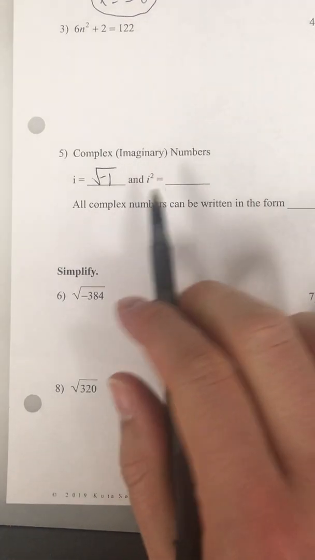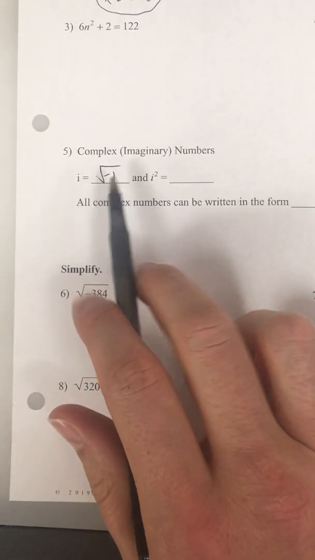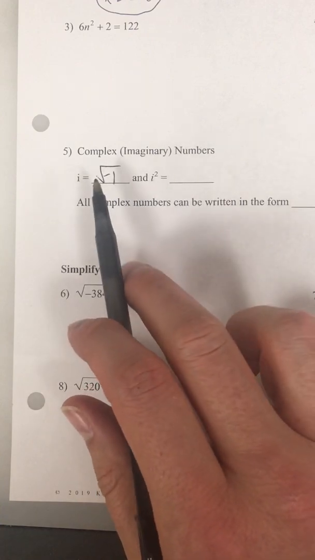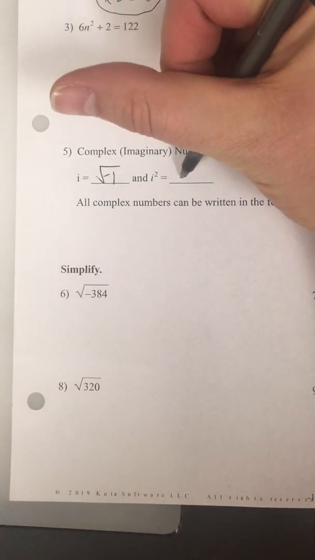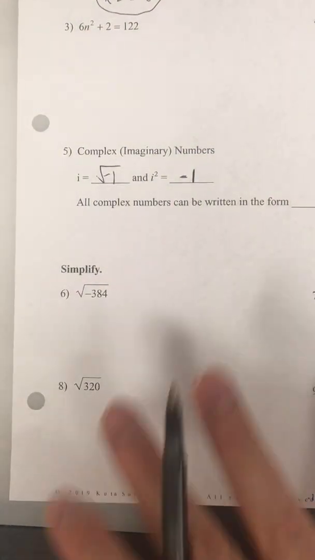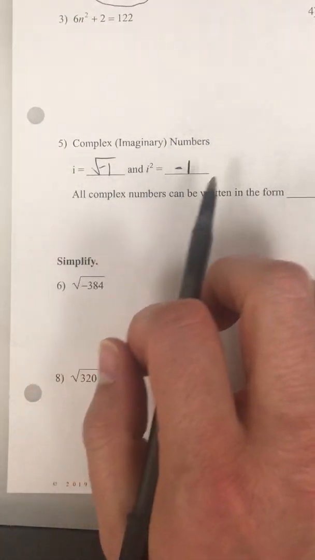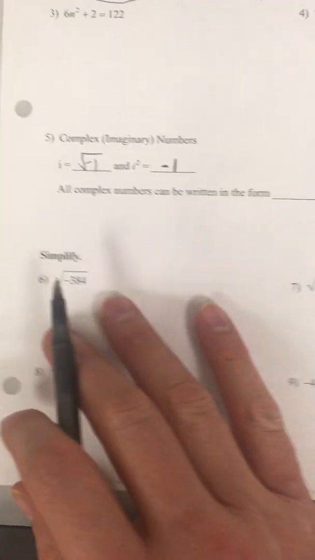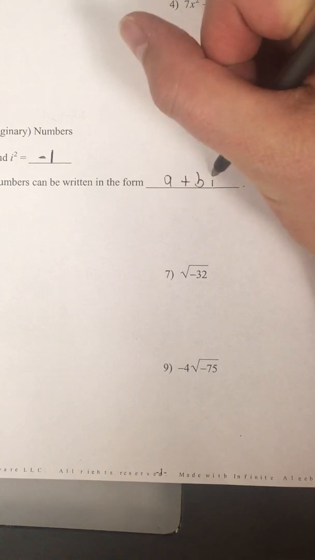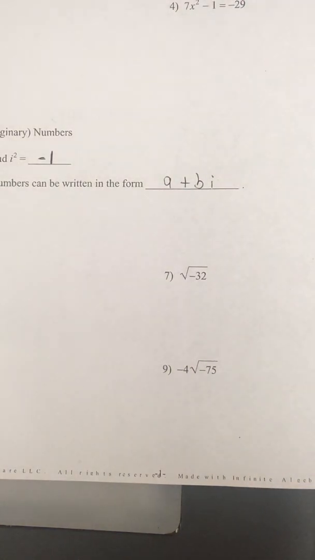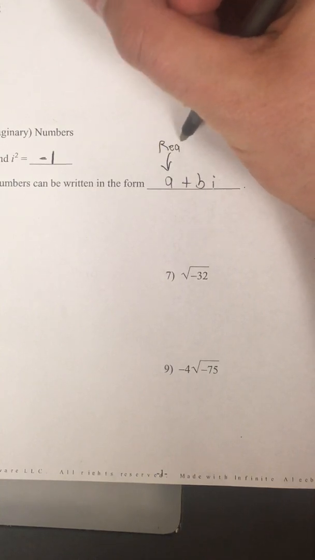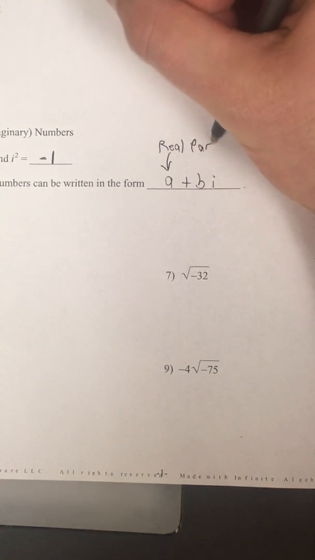Now, i squared. i is the square root of negative 1. When you multiply a square root number times itself, it just takes the square root off. So i squared is just negative 1. That's going to be important later on. It's a complex number if it has i in it. Every complex number can be written in the form a plus bi, where a is the real part of your answer.